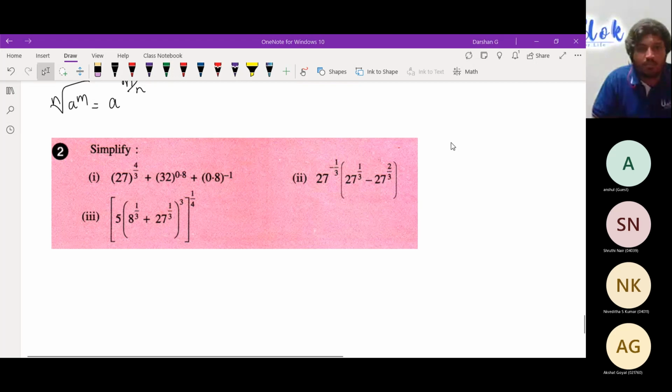Shruti can do the first problem, and the second problem can be done by Nivedita, and the third one by Anshul. And Akshat, you can do whichever problem you want. Maybe I'll give you one more problem. Right, I'll give you one more problem, slightly more difficult.